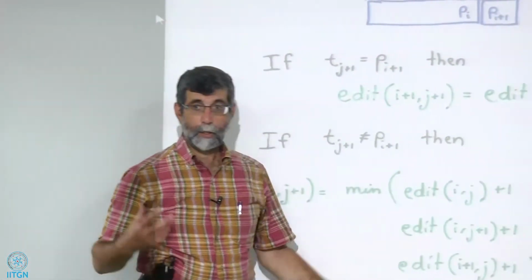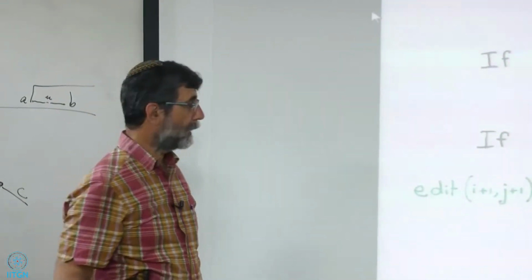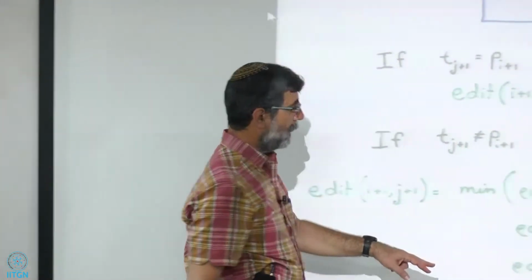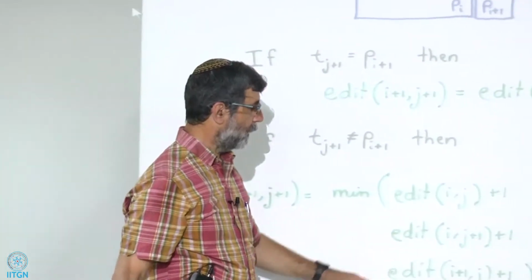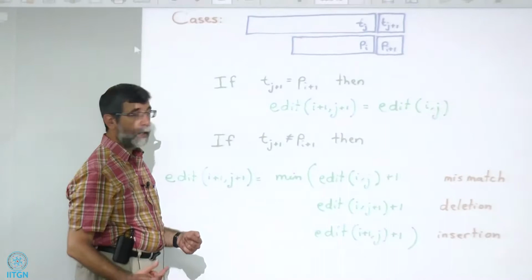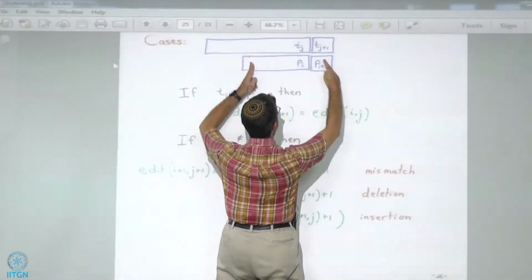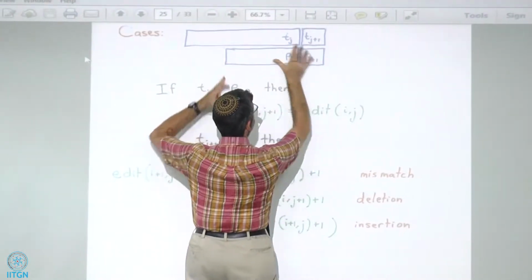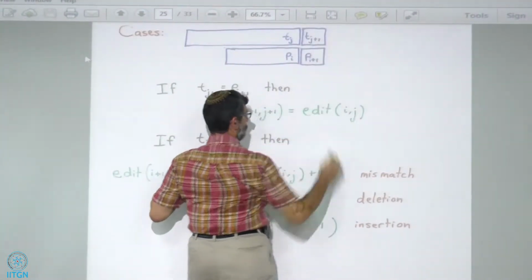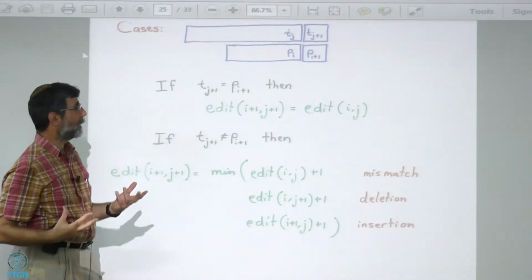But there's another third option that we should consider before we take the minimum, and that third option is perhaps there was an insertion. In other words, let's look at edit(i+1, j), because it could be that everything is equal, all the way from here to here, and this was just an insertion into the text, but it shouldn't really be there.